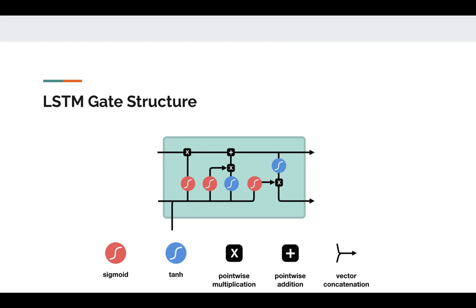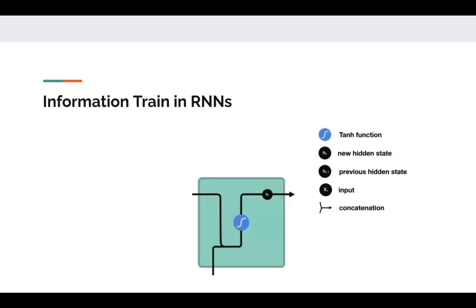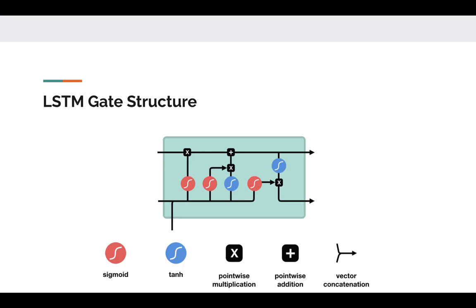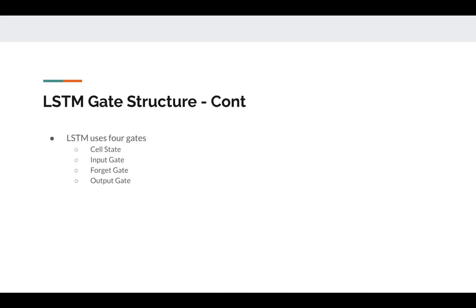You remember that in RNNs we have an information train where we get an input and the hidden state. The same thing happens here. We get an input and a previous hidden state. The input here would be xt or xt minus 1, ht minus 1, ht minus 2, whatever. One thing that is different is there is a Ct minus 1 in LSTMs. This Ct minus 1, the top line, the whole thing, is called the cell state.